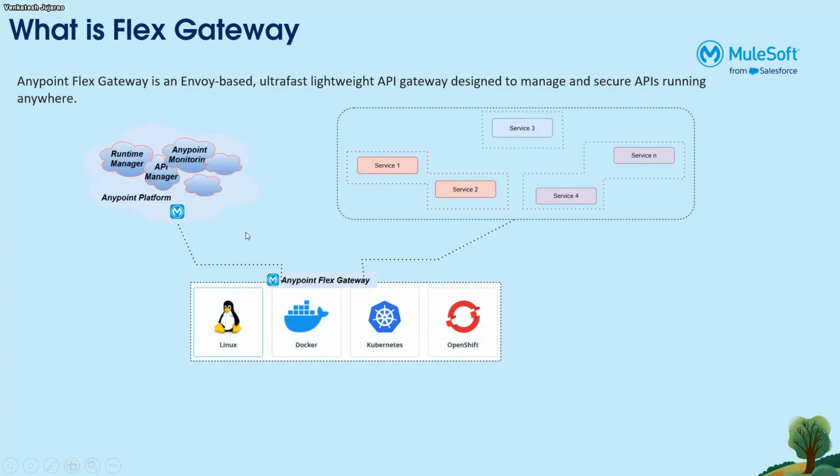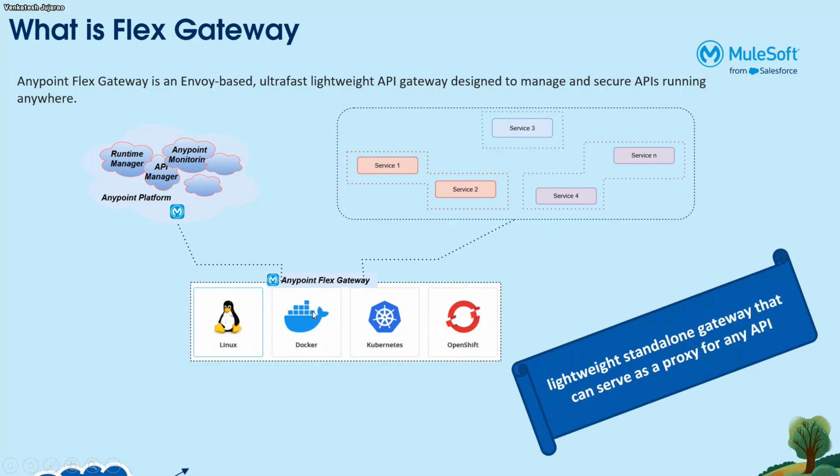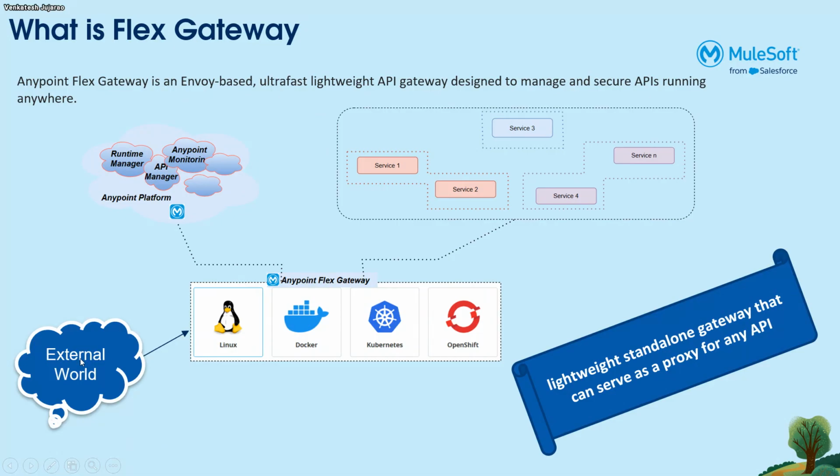So how does it look? We'll have a Flex Gateway service installed on any one of the OS like Linux, Docker, Kubernetes, or OpenShift, and then through this particular Flex Gateway, all our traffic will route, and this is our backend services.